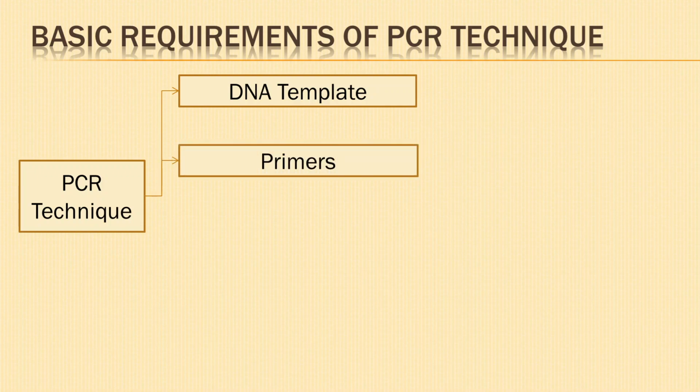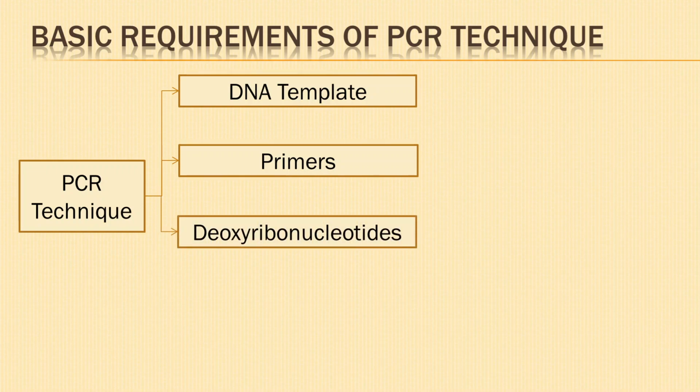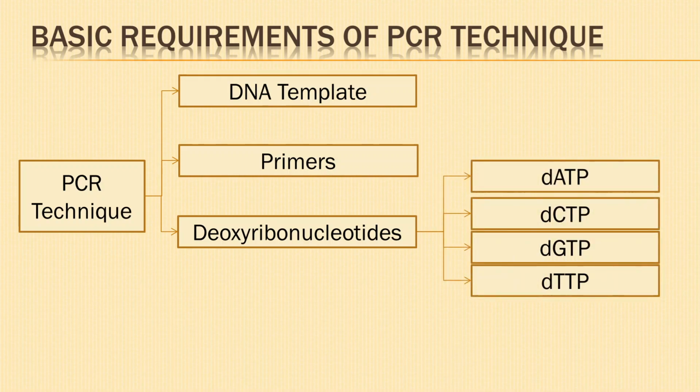They are oligonucleotides complementary to the sequence present on the desired DNA segment, 4 types of deoxyribonucleotides, namely deoxyadenosine triphosphate, deoxycytidine triphosphate, deoxyguanosine triphosphate, and deoxythymidine triphosphate.